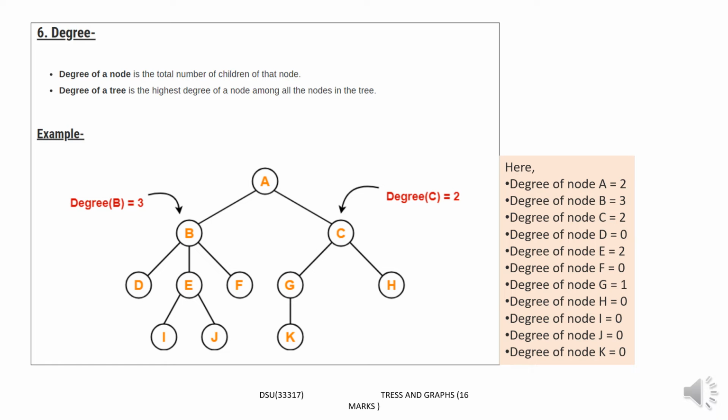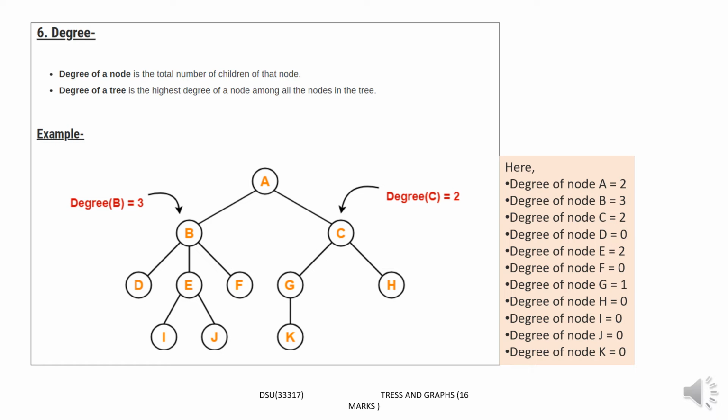See here, the degree of node A is 2, degree of node B is 3, degree of node C is 2, degree of node D is 0, degree of node E is 2, because E has the two nodes I and J. Then degree of node F is 0, because F has no node below it.